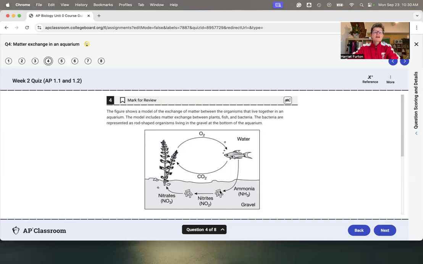These rod-shaped organisms are bacteria. They convert the ammonia to nitrite and nitrate, and the plant assimilates it.